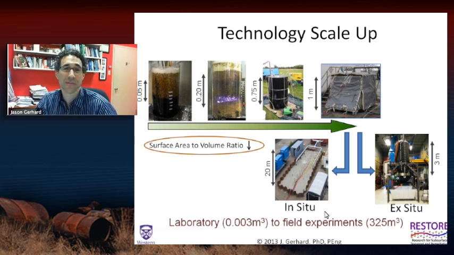And it had to pass certain criteria and thresholds before it could proceed to the next stage, and the next stage. And so I'm hoping this story gives you some insight into what a long, slow, and difficult process it is for a technology to be fully accepted at the field scale.